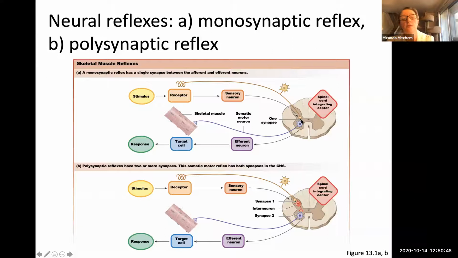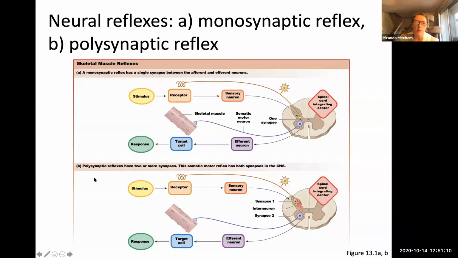Again, it's always the spinal cord when we're talking about skeletal muscle. So that's our integrating center. And then through the somatic motor neuron, the efferent signal is sent to the muscle, the target cell, leading to that response. So that is one reflex, a single reflex, monosynaptic.